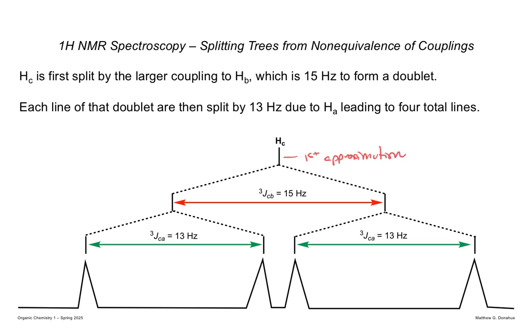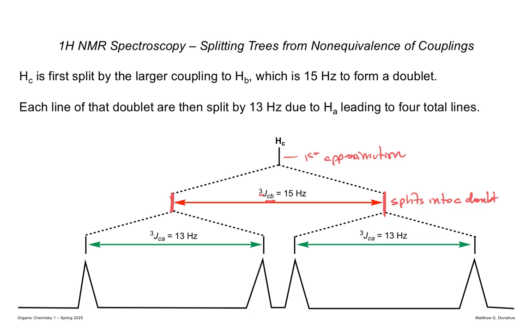Then it has this larger coupling, so 3-bond coupling, C to B, that's 15 hertz. That splits into a doublet. So there's your 2 lines for the doublet, and they're spread apart by 15 hertz. Now you have this smaller coupling due to HA, and that was 13 hertz.